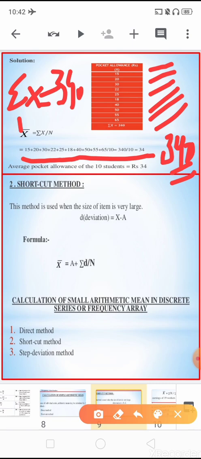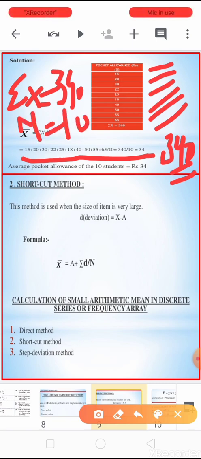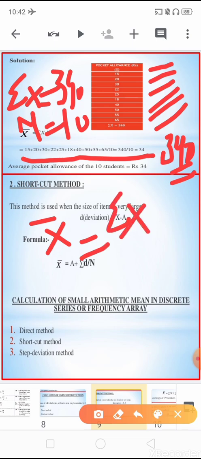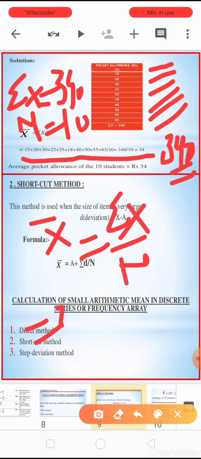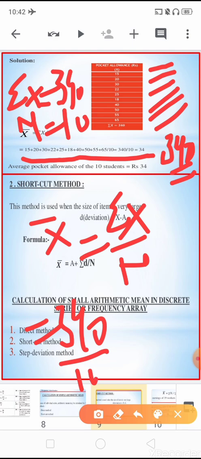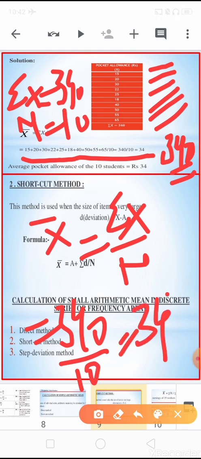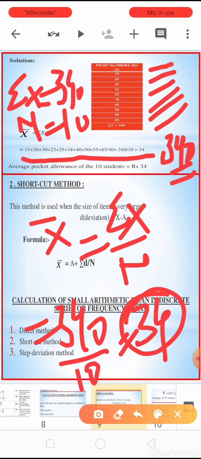The total number of terms n is 10. So the arithmetic mean is x bar equals sigma x upon n, 340 divided by 10, which gives 34. So this 34 is the average pocket allowance of all 10 students.